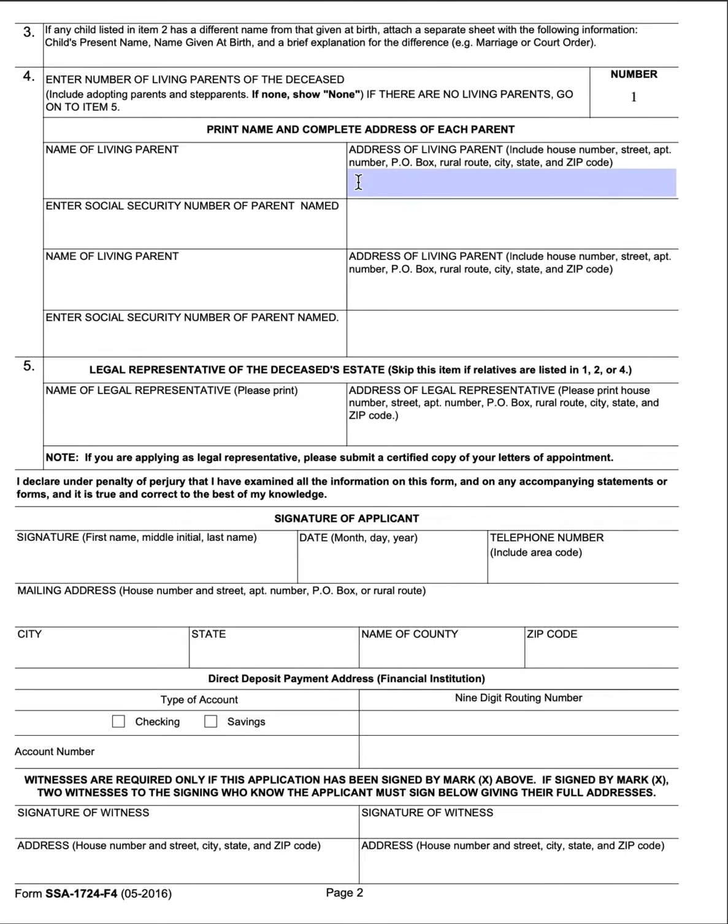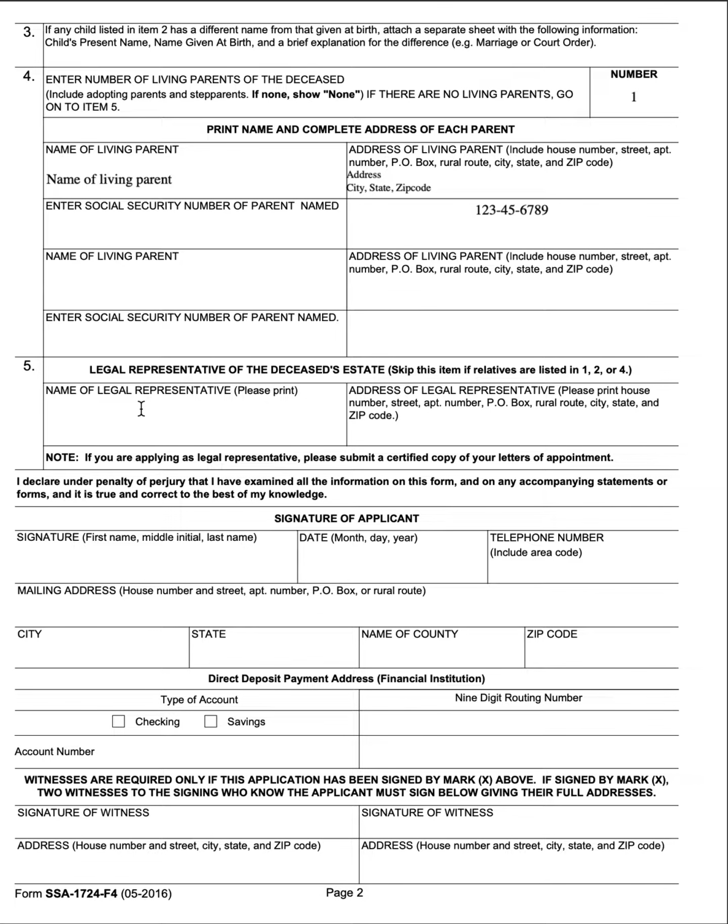If there's one, then you would write the name of living parent, the address to include city, state, zip code, and in this section you'll enter the Social Security number, and so on and so forth.